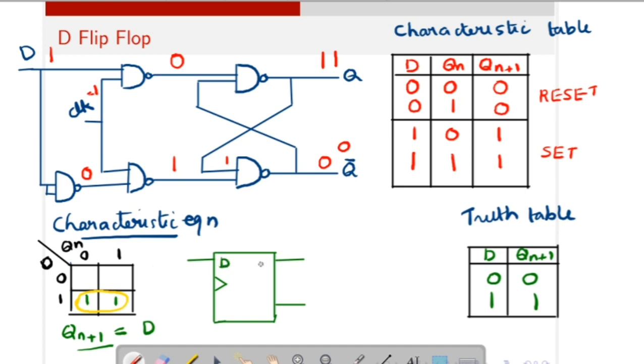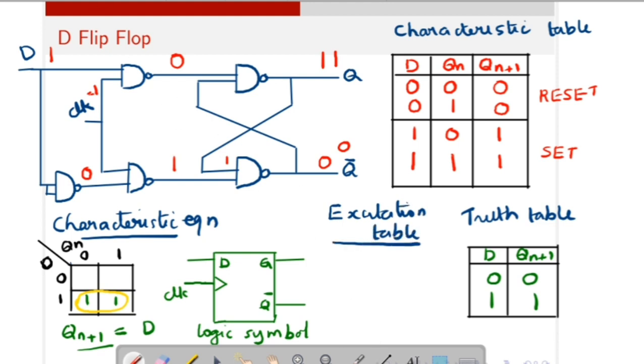This is the D input, Q and Q bar, and this is the clock. So this is the positive edge triggered D flip-flop. If it is a negative edge triggered D flip-flop, we put a bubble here. So this is the logic symbol for the D flip-flop.